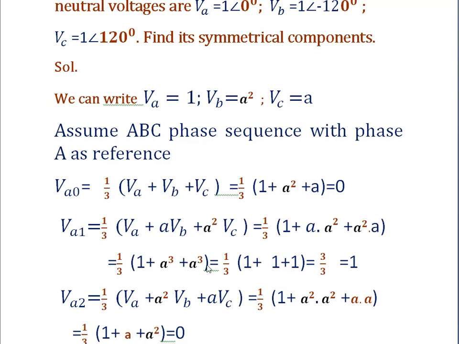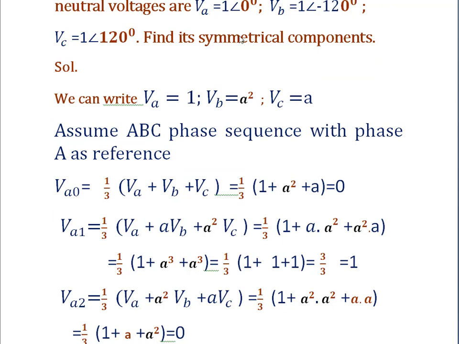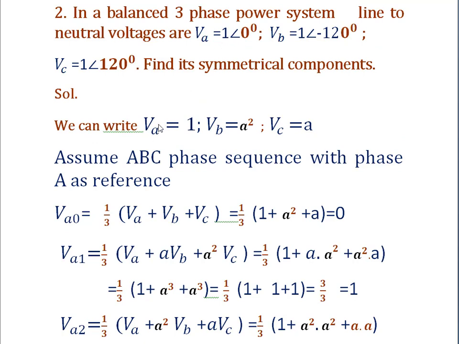We know a cube is nothing but 1. So 1/3 into (1 plus 1 plus 1), which is 3 divided by 3. So we get VA1 is equal to 1. What does it indicate? This VA1 is nothing but the reference phase voltage, that is 1, which you can see here.